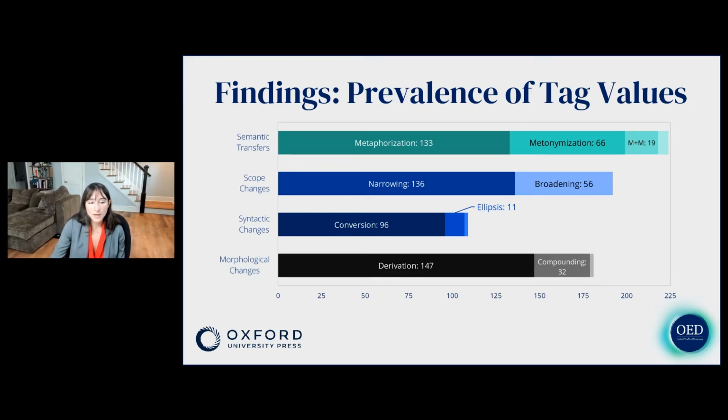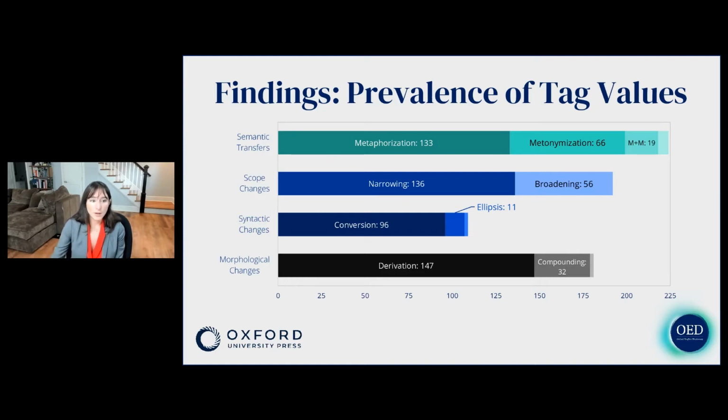But keeping that in mind, we see that metaphorization was the most productive of the semantic transfers, followed by metonymization. Interestingly, narrowing occurred at more than twice the rate of broadening. And so while there's not enough data to suggest with any definitiveness that there's a directionality to semantic change in that sense, it's worth noting that senses did tend to narrow.